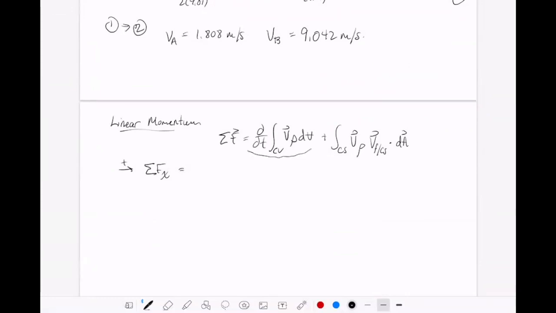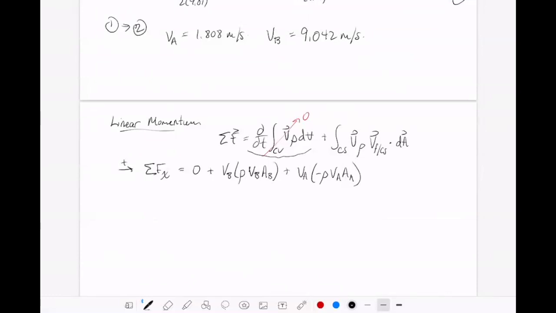this term is steady, and this term just goes to 0. So we have steady flow, so 0 plus the velocity at B flowing out times VB AB, plus the velocity at A inlet minus VA AA.